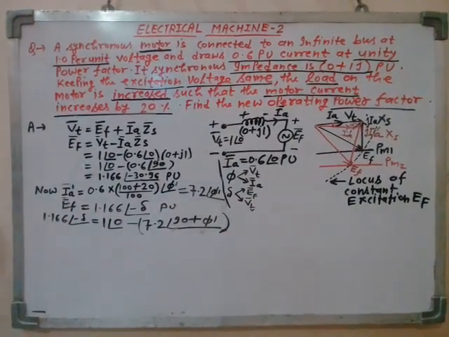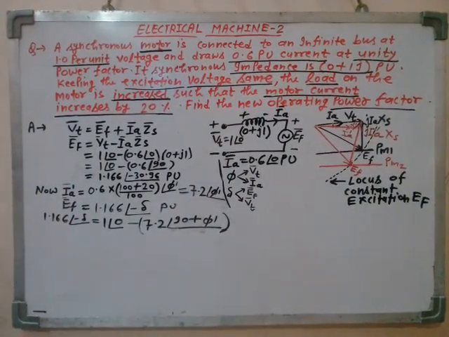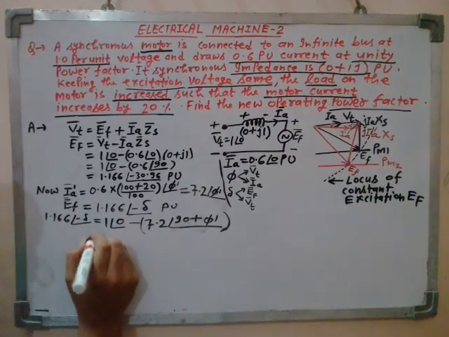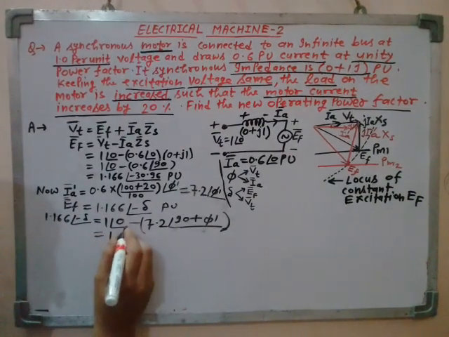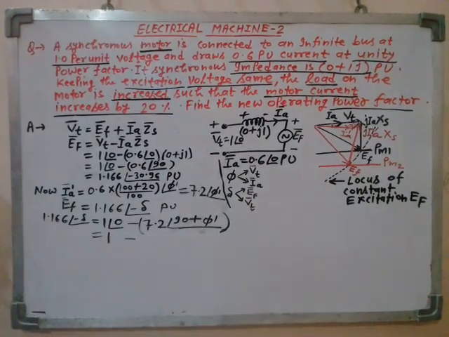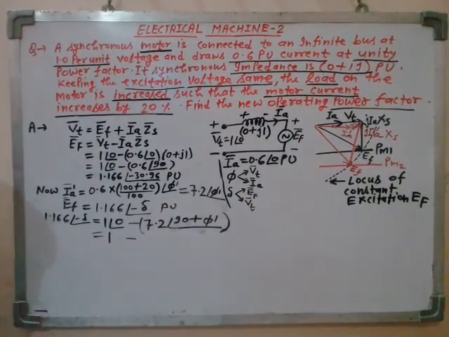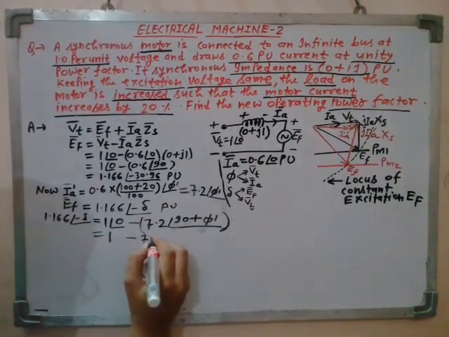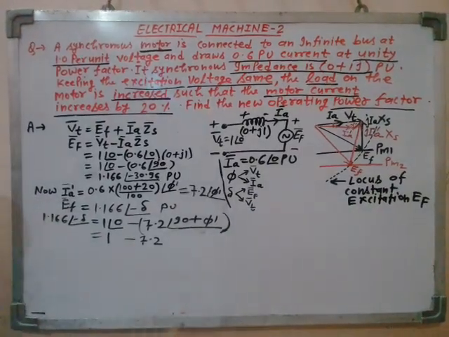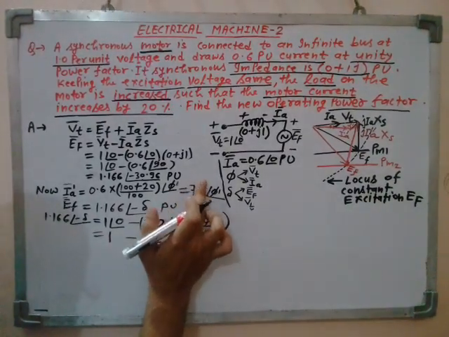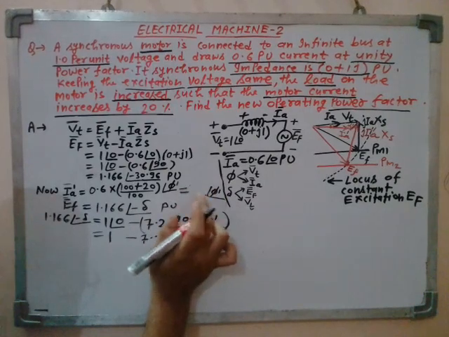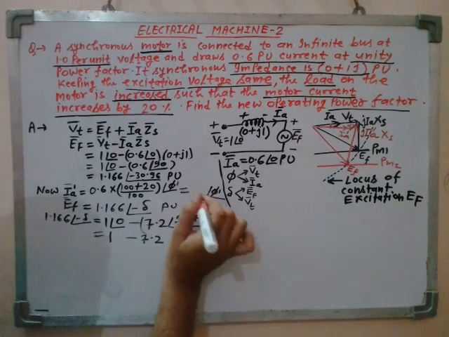Now you can further solve this. 1 angle 0 means 1 only, minus... This is not 7.2, this is actually 0.72. Please check the calculations.